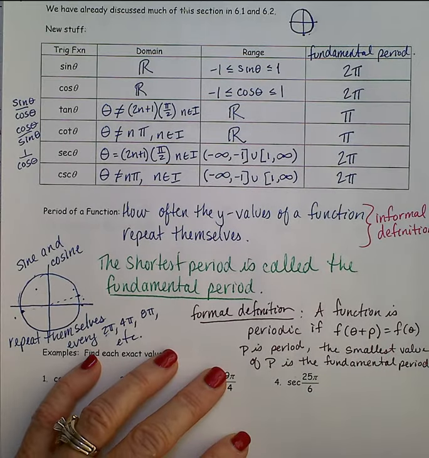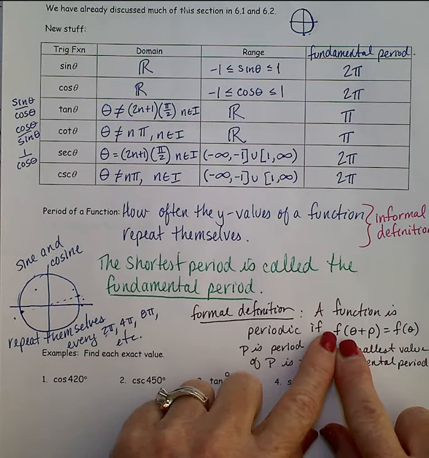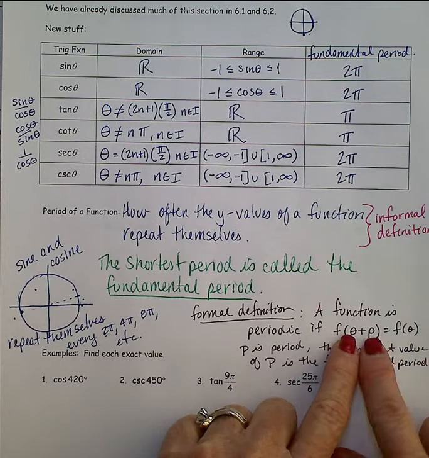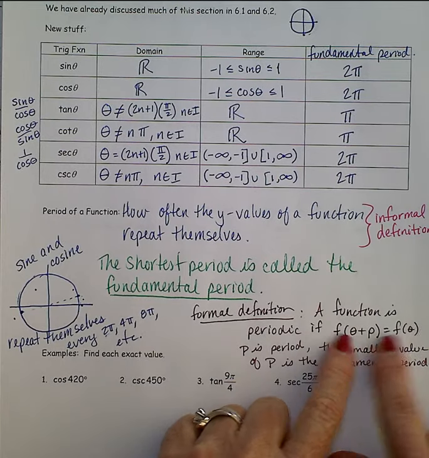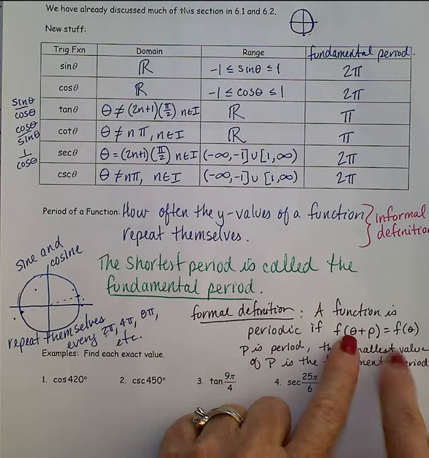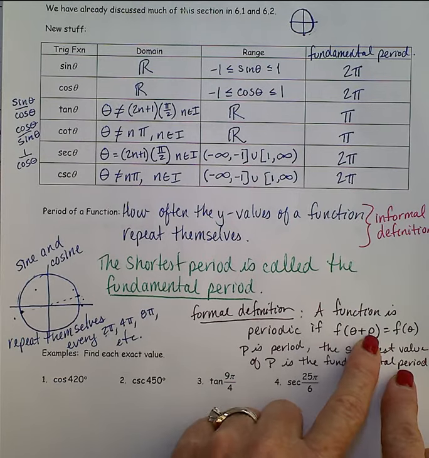This says the function value at an angle is the same as the function value at that angle plus whatever that period is.